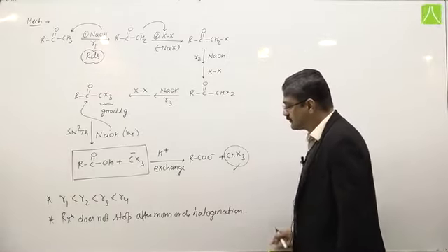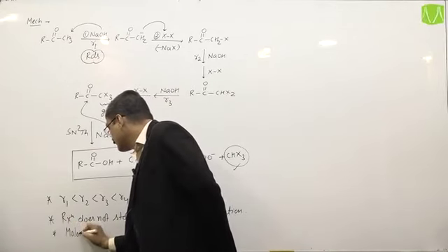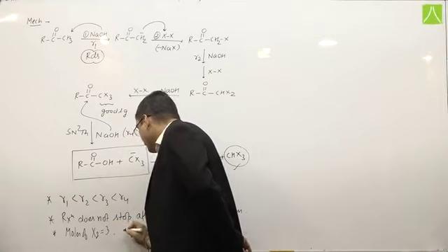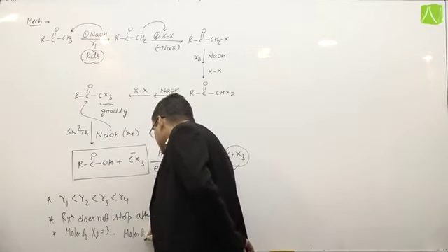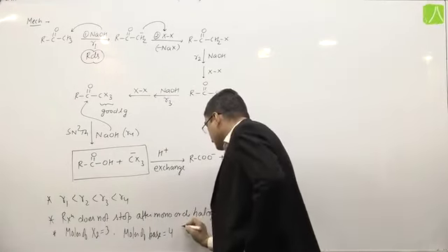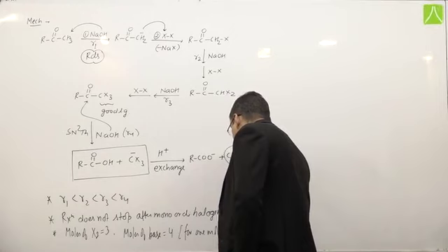So the total moles required: moles of X2 is equal to 3, moles of base is equal to 4, for 1 mole of reactant.